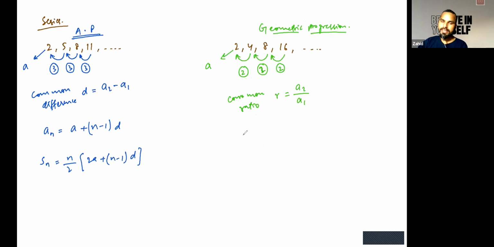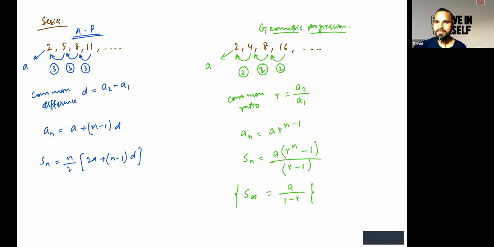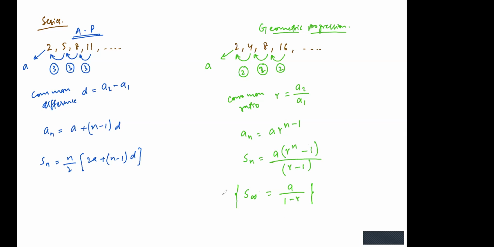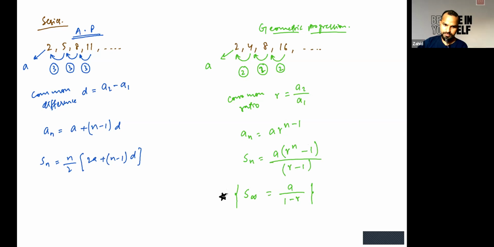So if you have to calculate the nth term of this sequence, it would be a times r to the power n minus 1. And for the sum of n terms, it would be a times (r to the power n minus 1) divided by (r minus 1). Now, if you have to calculate the sum of infinite terms, it would be a divided by (1 minus r). Is it clear? Yes, sir. So in physics, we use these terms more frequently.